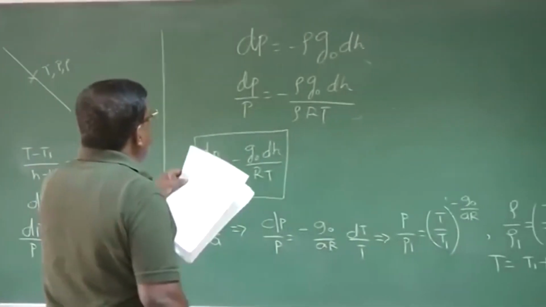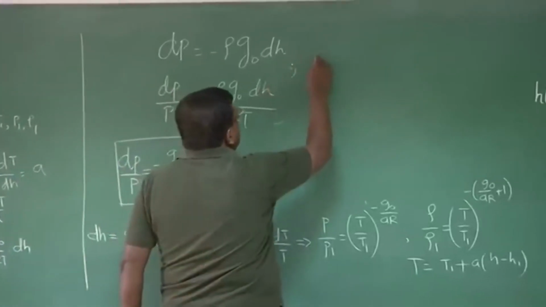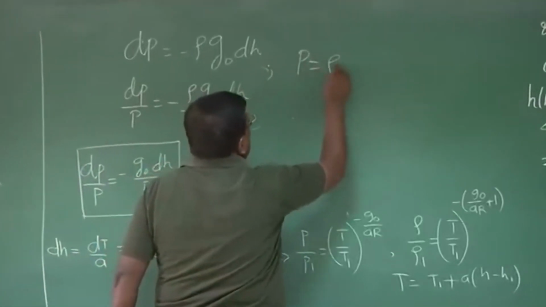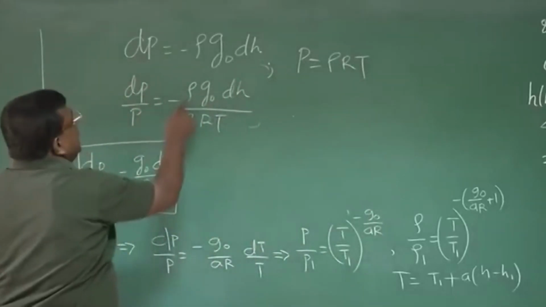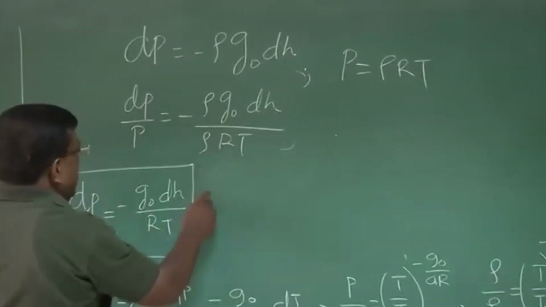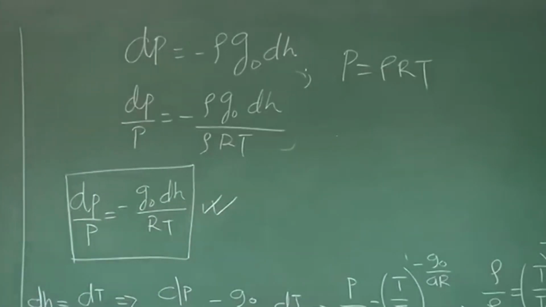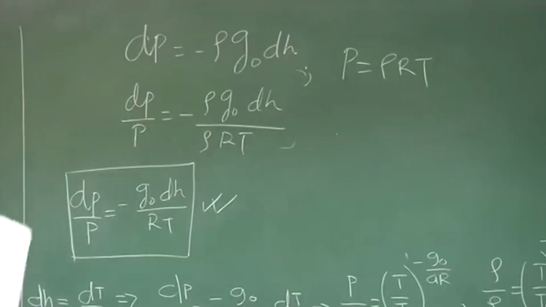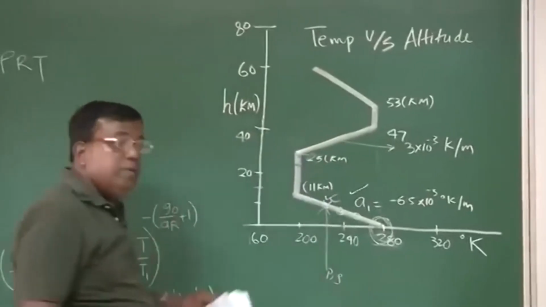So we carry forward with this relationship, and also now you use the perfect gas relationship P equal to rho RT. So I divide dP by P, so I get rho g0 dh by rho RT. So I get a very important relationship: dP by P is equal to minus g0 by RT into dh. And you will see this will be used for getting the values of pressure and temperature at different points, right?